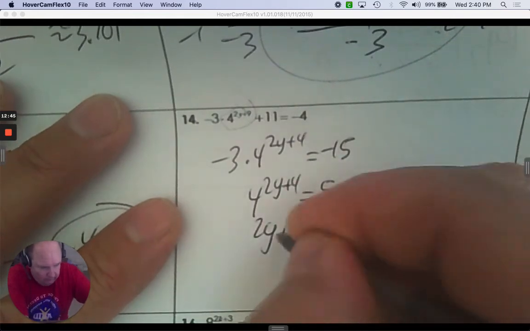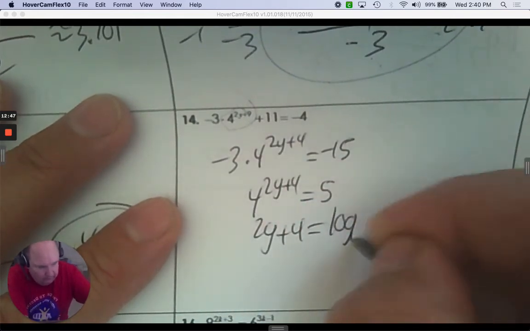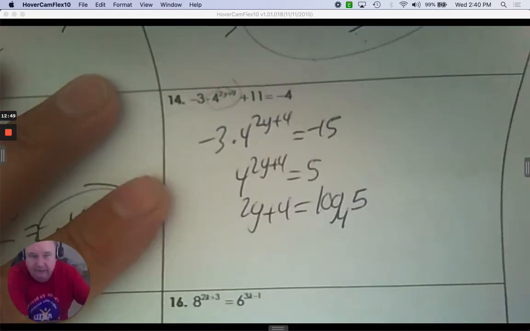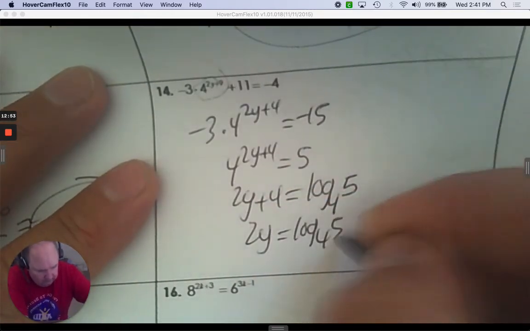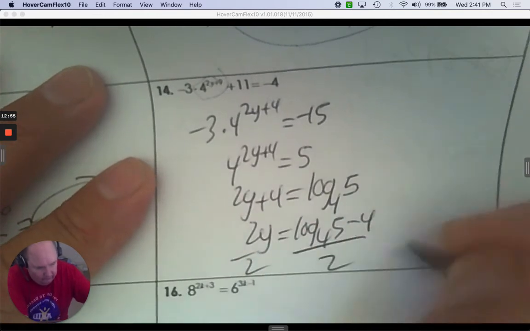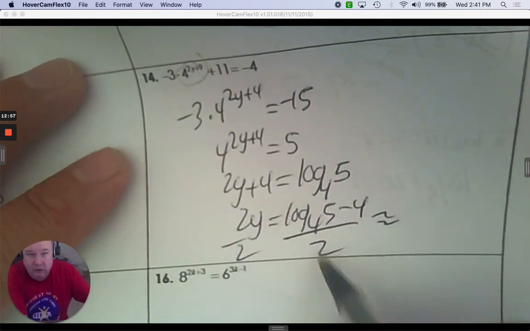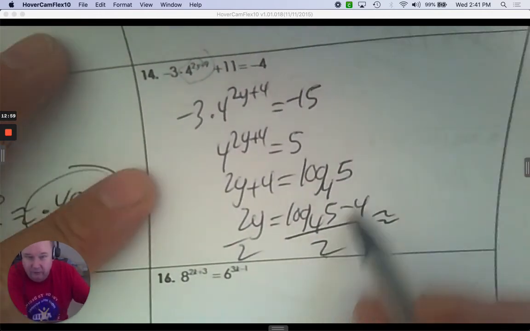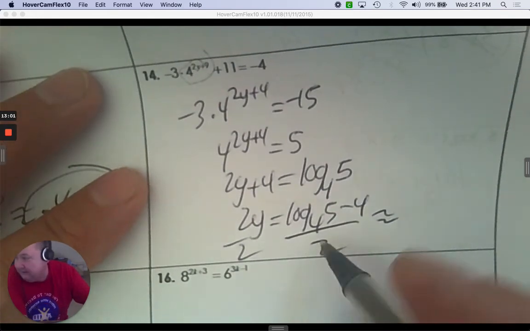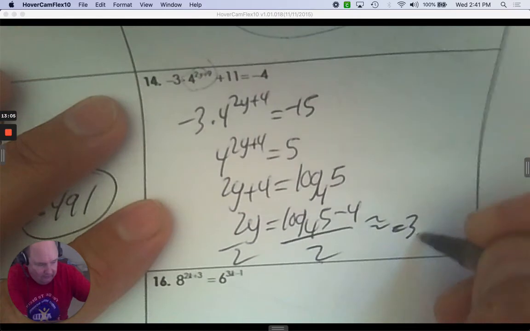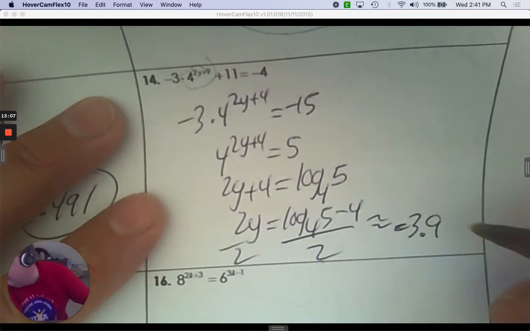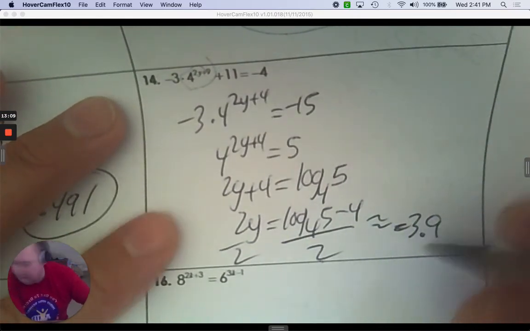So the logarithm has a base of 4 with 5. And then you're going to subtract 4 and divide everything by 2. So that's what you're going to put in your calculator. So press pause, go to Desmos, type it in, and you should get negative 3.9196.